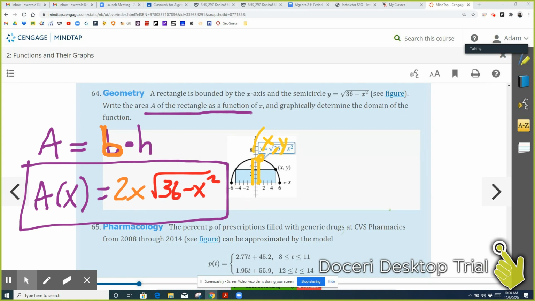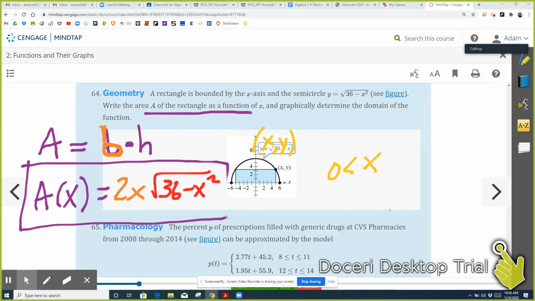So it could look like that, but x has to be greater than 0, because if it's 0, then you don't have any base length, and if it's less than 0, then if this point is less than 0, we don't really have a rectangle anymore. So you need a point on either side of the y-axis. If x is positive, that ensures that.